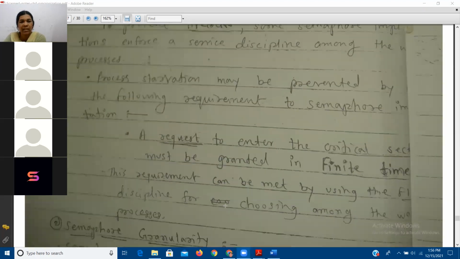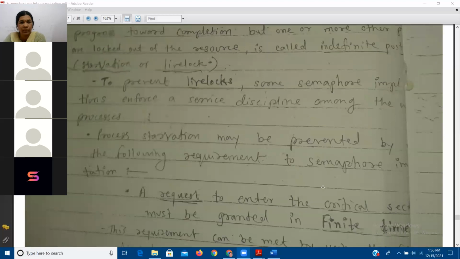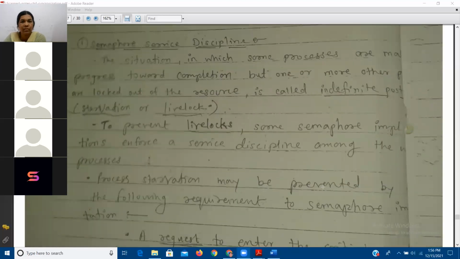The requirement is that a request to enter the critical section must be granted in finite time. So this is the requirement, or this is the rule. See, throughout the lecture, we are discussing only one tool, that is semaphore.